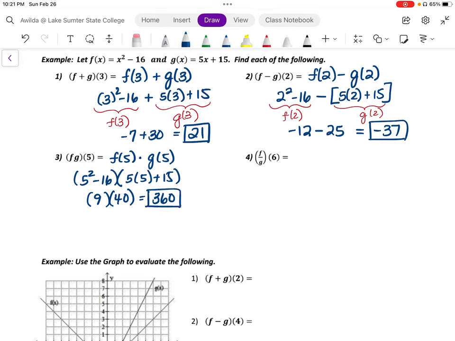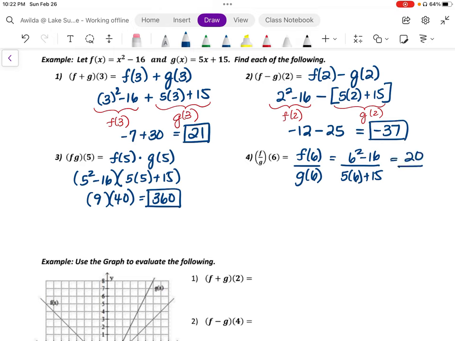In the next example, we're dividing f by g and evaluating at x equals 6. By definition, this is equal to f(6) divided by g(6), as long as the denominator is not 0. Well, f(6) has a value equal to 6² − 16, and g(6) has a value equal to 5 · 6 + 15. In the numerator, we have 36 − 16, which is 20.